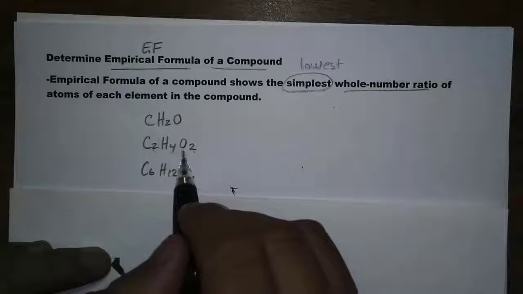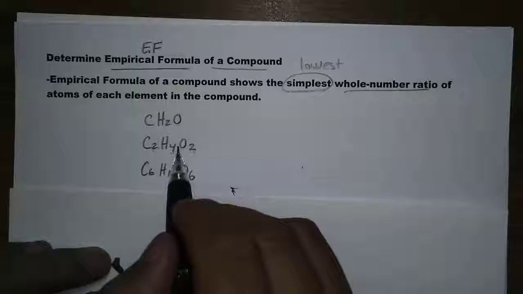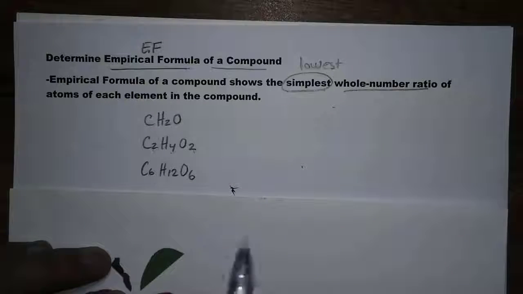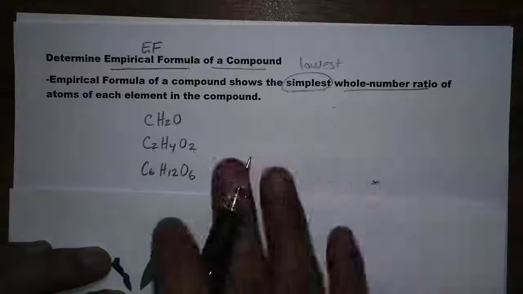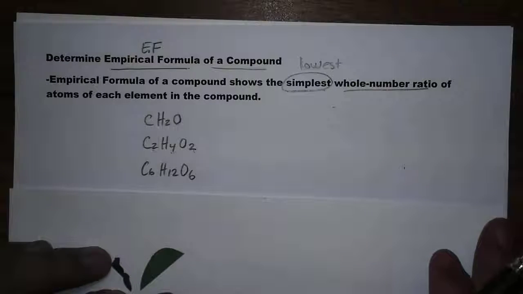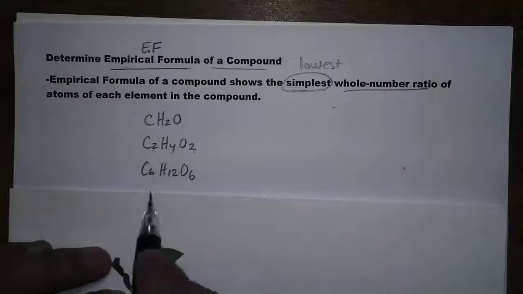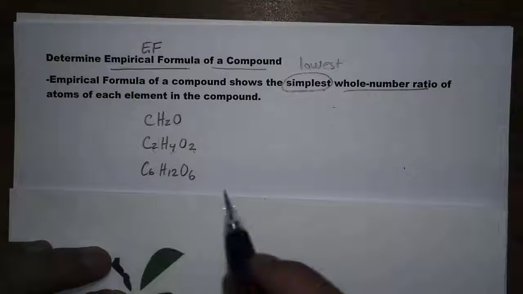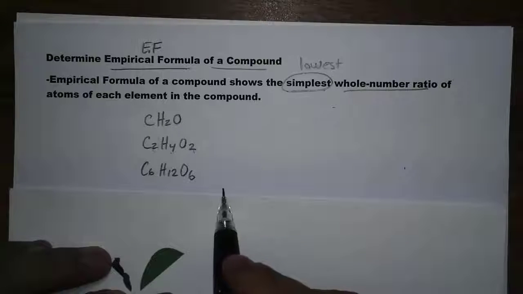So the ratios of atoms in the compound are different, and therefore they are actually different compounds in reality. And they have different chemical properties as well, different physical properties. C6H12O6, that is glucose. That's the simplest form of sugar in our body.